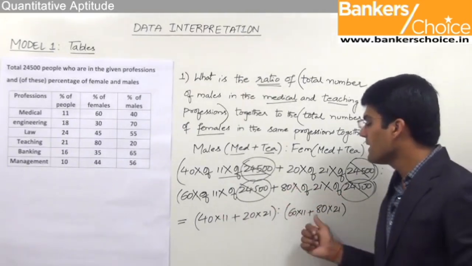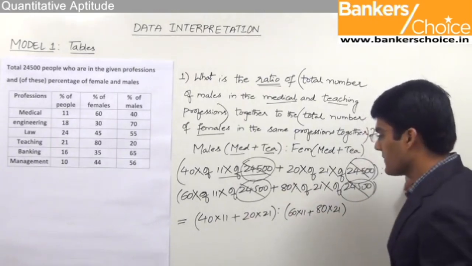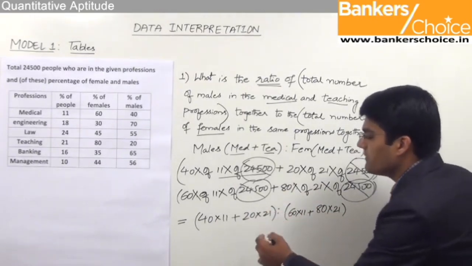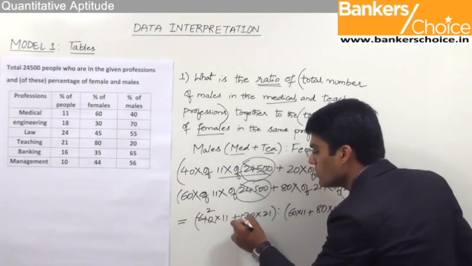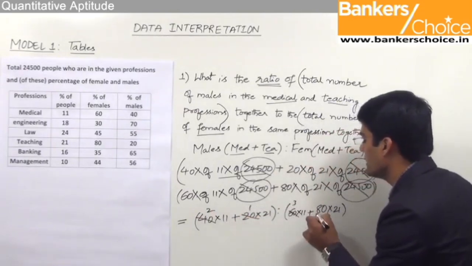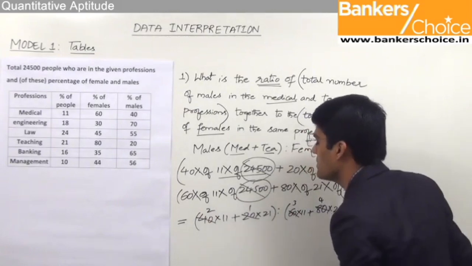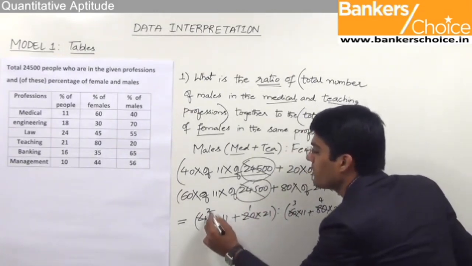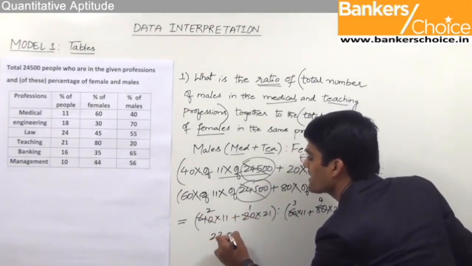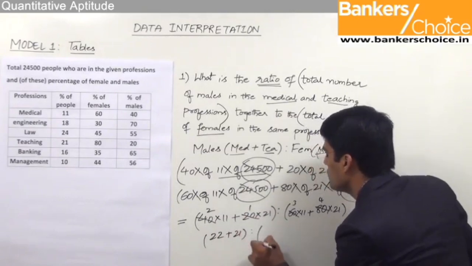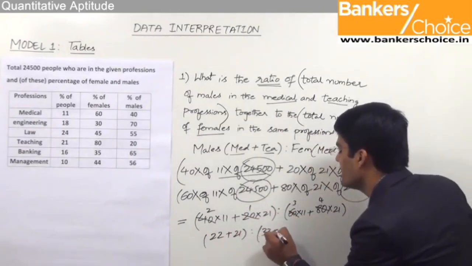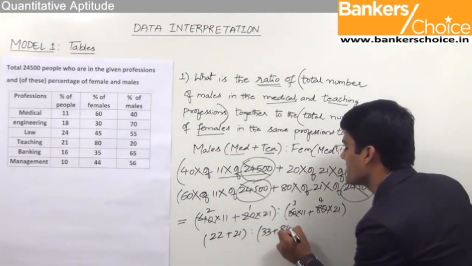Now let us try to simplify this and see what the answer is. If we take 20 common, we see that this is 20 into 2, 20 into 1, 20 into 3 and 20 into 4. So this becomes 2 into 11, 22, plus 1 into 21, 21. So 22 plus 21 is to 3 into 11 is 33 plus 4 into 21 is 84.